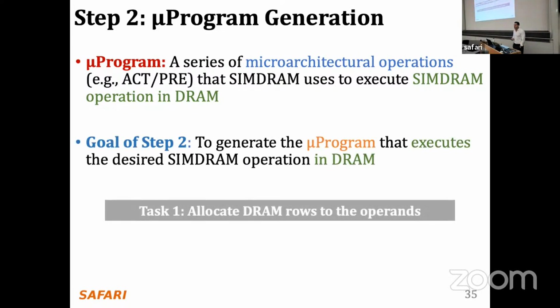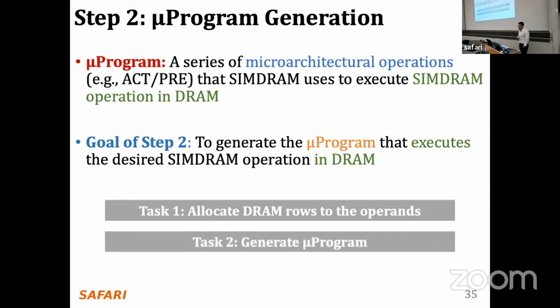This step is broken down into 2 tasks. The first task is to allocate DRAM rows to the inputs for each edge of that majority-inverter graph. And the second task is to generate the microprogram in an efficient manner. I'm going to briefly describe those tasks.